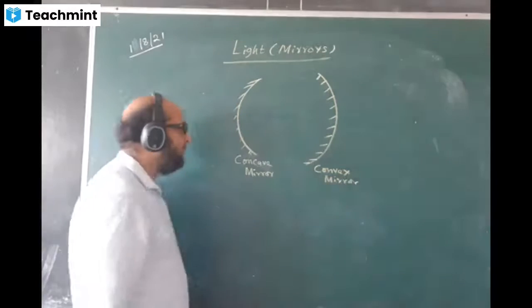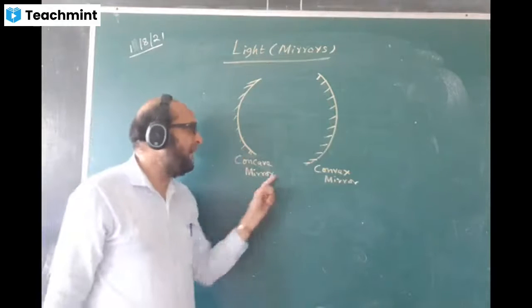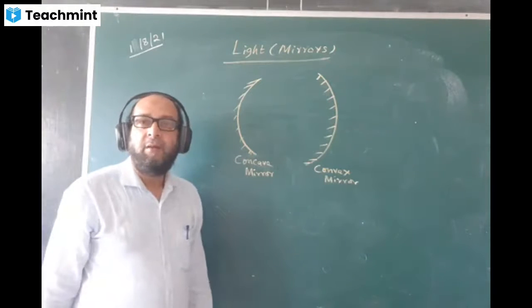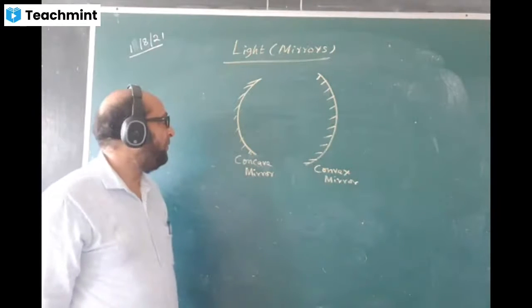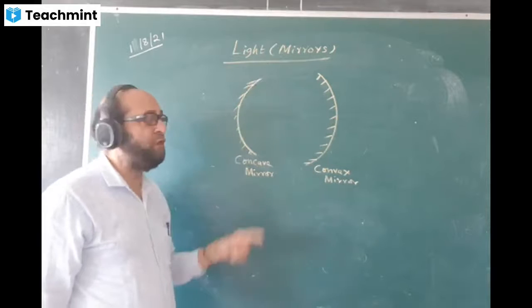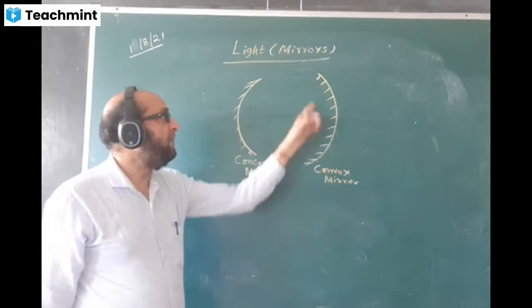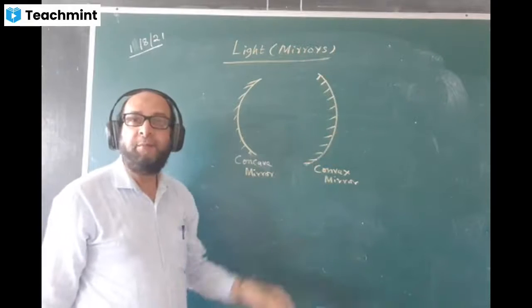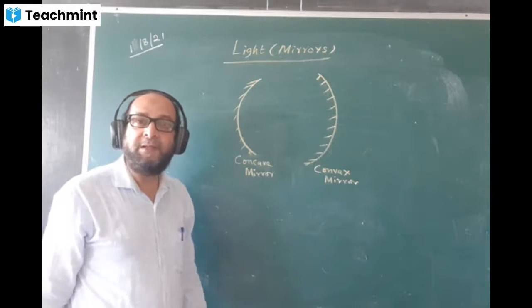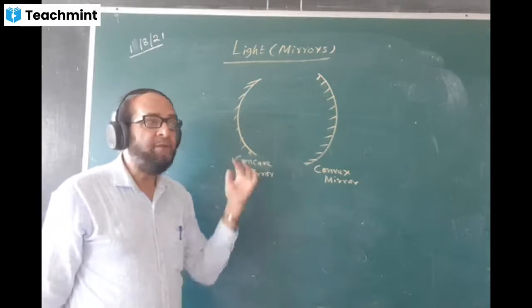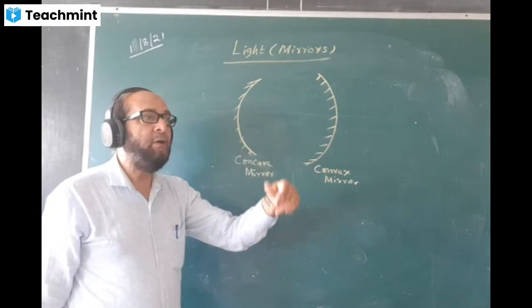We got two types of mirror, concave mirror and convex mirror. Concave mirror will have the bulge portion polished, and the convex mirror will have the flattened portion polished. The flattened portion is the unbulged portion, the portion which is not bulging out.